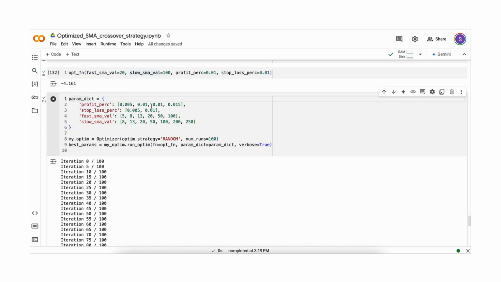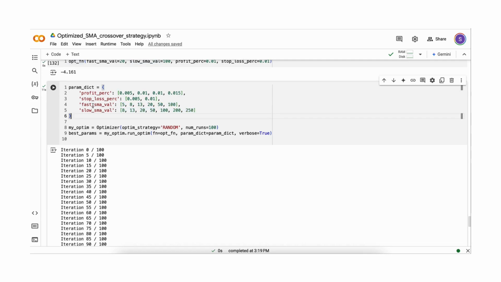Now we give the parameters that we want to optimize over. So we use these different stop profit and stop loss percentages. For SMA values, we use the recommended SMA values, but we also use some other SMA values. And just for your consideration, remember that these fast SMA value numbers that we are testing out are generally lower in range than the slow SMA value numbers, because we only get a valid result when the slow SMA has a larger value.